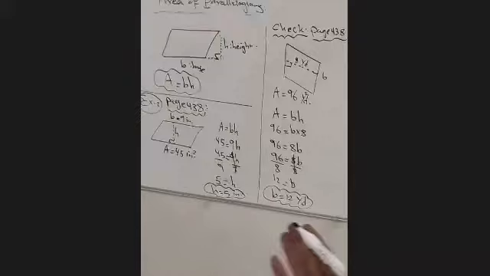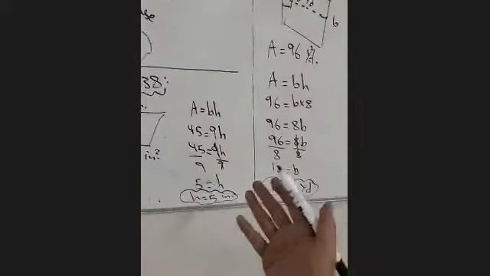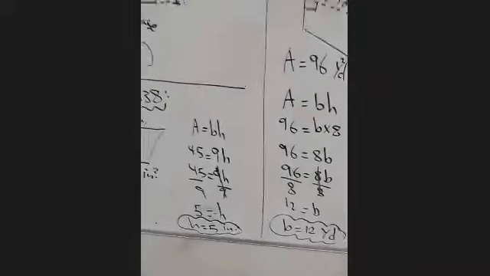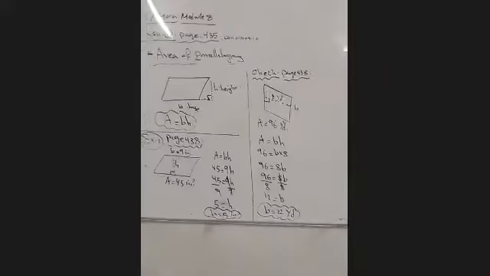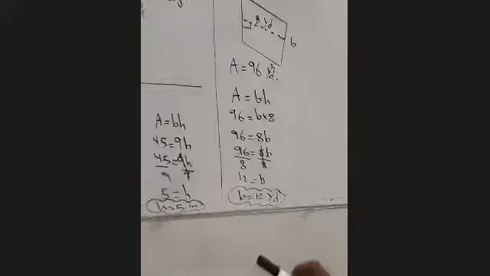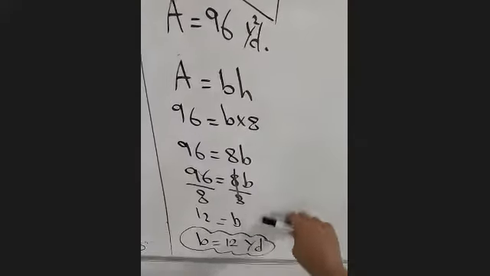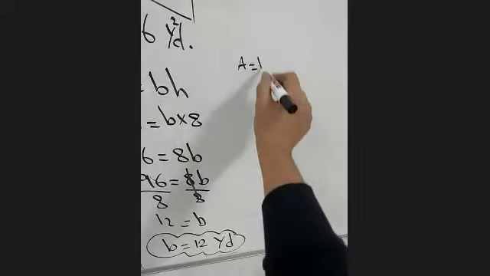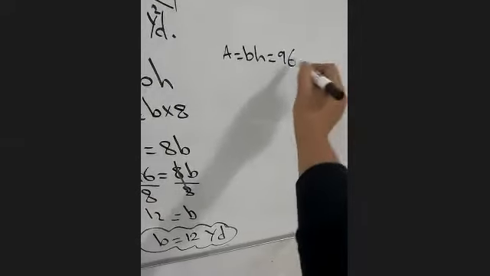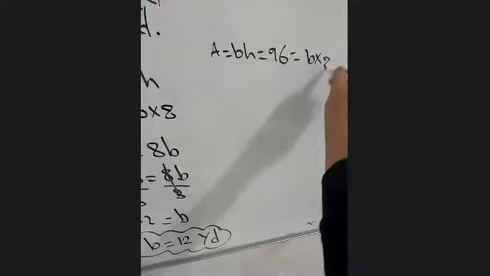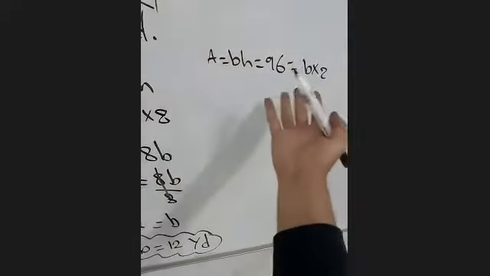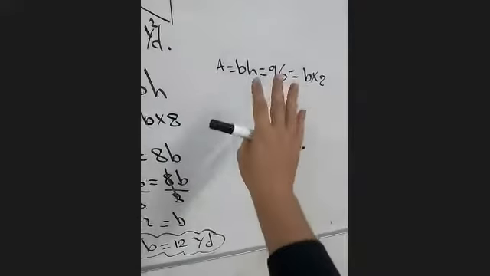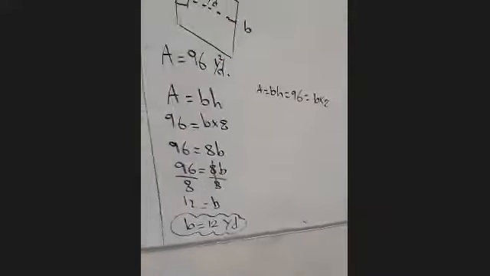After you find your missing dimension, if you solve the equation, try to check your answer to be sure that it is correct. This is the check, guys, and please do it the same way. Don't write like this: A equals BH equals 96 equals B multiply. Don't do that, okay?